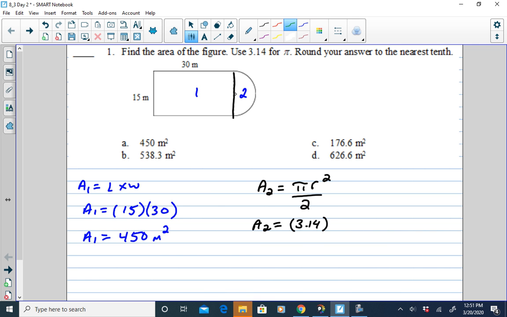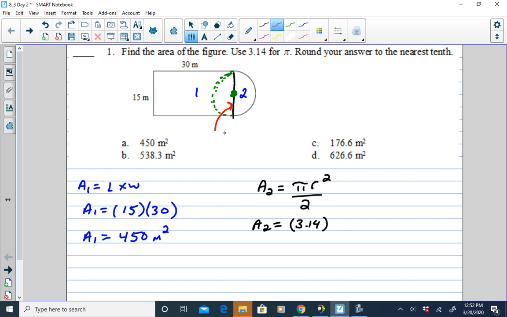Well, how do we find the radius? Well, let's look at our picture, right? If we're looking here, right, imagine, right, that's the entire circle. The radius is going to be half of this distance. Well, I know this total distance is 15, so what is half of 15?